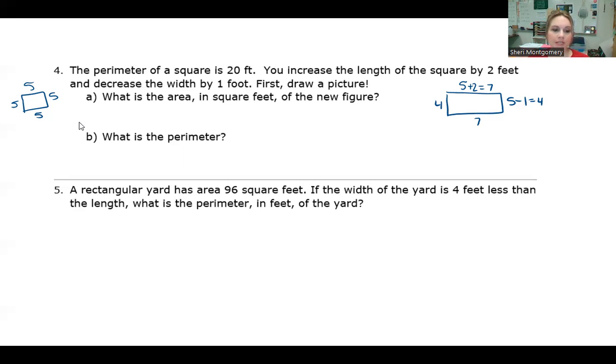The next question: a rectangular yard has an area of 96 square feet. If the width of the yard is 4 feet less than the length, what is the perimeter in feet of the yard? Okay, so I'm going to draw a picture.